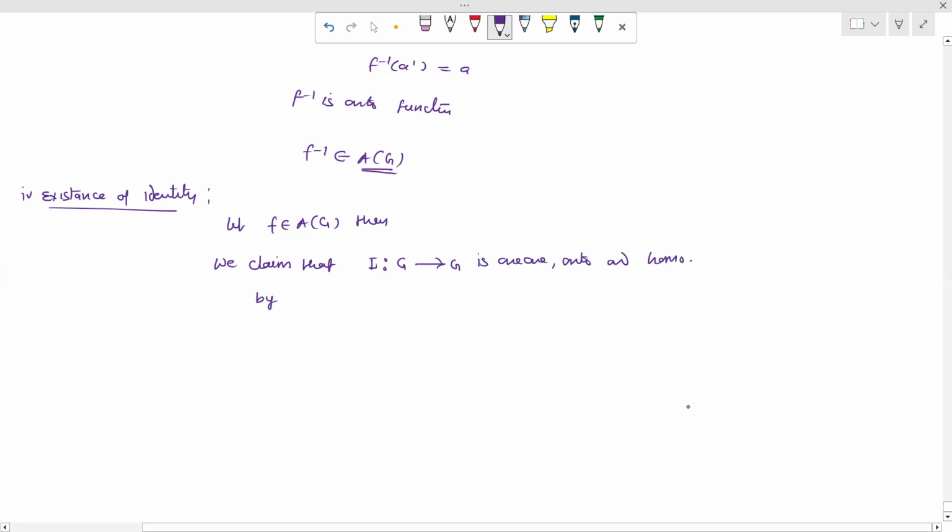By setting, we take I of A equal to A. They give the same element, so for every A belonging to G.